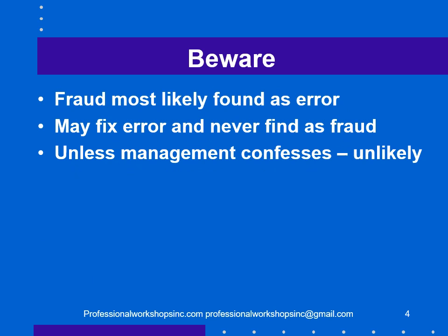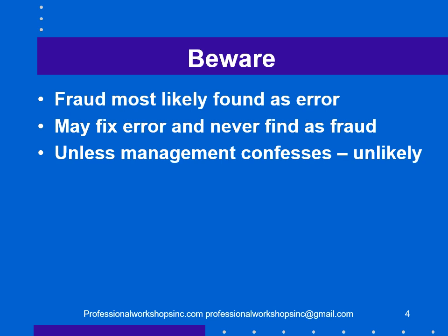Now, the other thing to remember is fraud is most likely found as error. You're doing an audit, something looks unusual, you identify it, it's wrong, and you may go to management and say, hey, we found this error, and management may say, oh gosh, did we do that wrong? We should fix that.